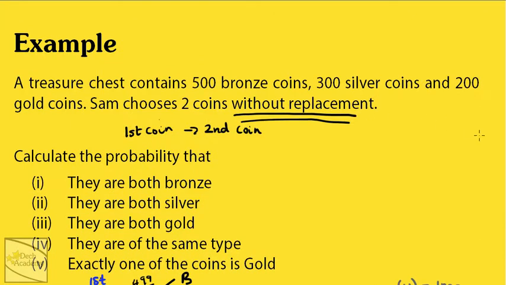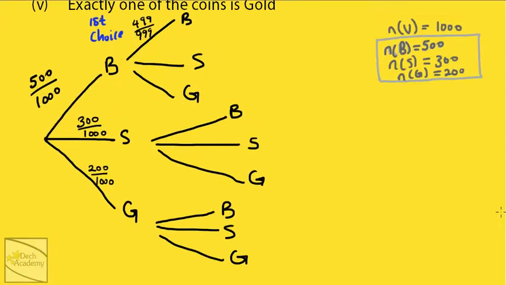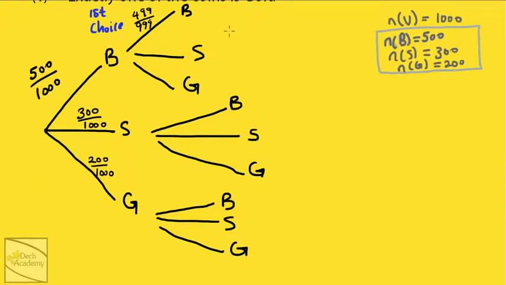Remember, without replacement. So similarly, you see how easy it is to fill this diagram up, because for the second choice, because a bronze coin was chosen the first time, there's still 300 silver coins left out of 999 coins, because one coin has already been chosen, the bronze coin. Here, there's still 200 gold coins left out of the remaining 999.